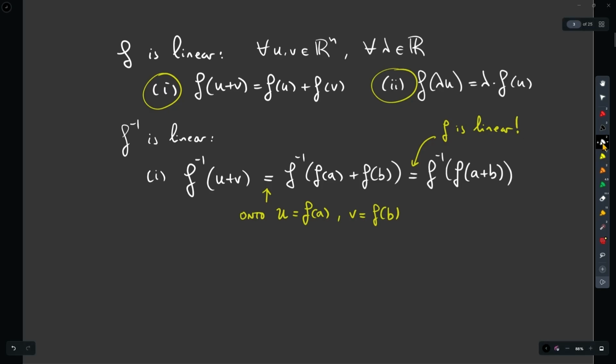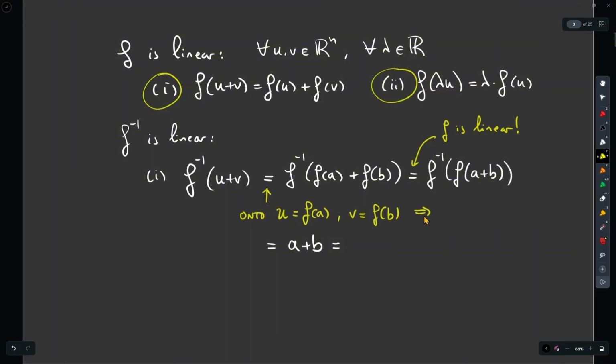Okay? And now I know that f inverse is the inverse of f. So f inverse composed with f is whatever I had there. So the answer to that is just a plus b. But that's not exactly what I want. I want the answer to be f inverse of u plus f inverse of v for it to be linear. But a itself is f inverse of u.